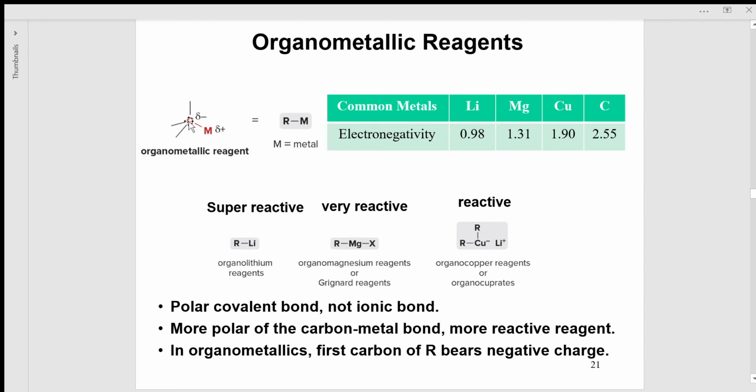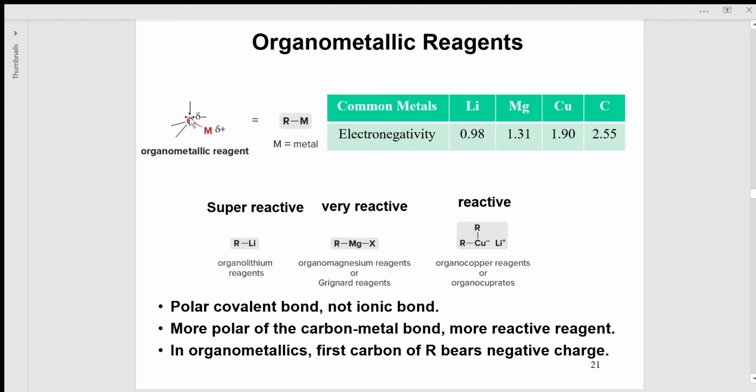That makes sense. Among these three metal atoms, lithium has the smallest electronegativity. In other words, lithium is the happiest one among these three metals to give its electrons to the carbon.